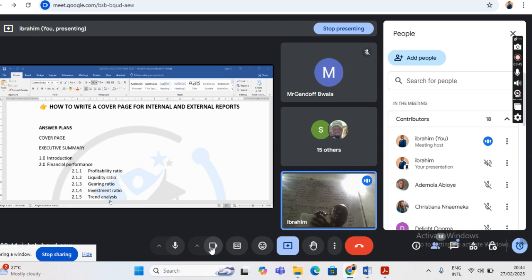When you are done with this cover page, the next page will be your executive summary, which will just be 2 pages. After the 2 pages, you move to the next side, which will be your introduction. So you have to introduce your report. We'll get there.